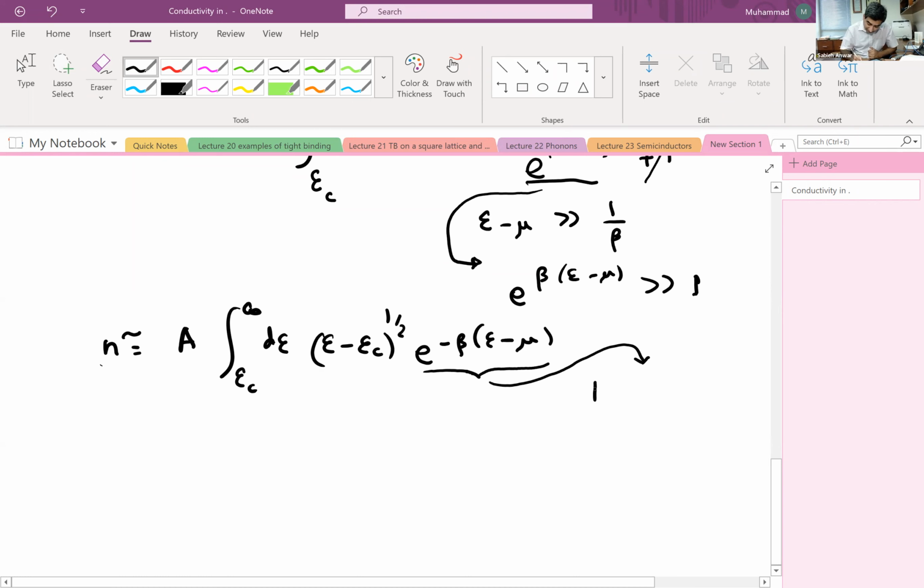Doesn't this look like the Boltzmann factor? It does look like the Boltzmann factor, doesn't it? So as you go higher up in energy, further away from the chemical potential, the probability of occupancy decays exponentially. And this is what you see in a gas of electrons, which is being treated as a free gas of electrons. And this is exactly what is happening here.